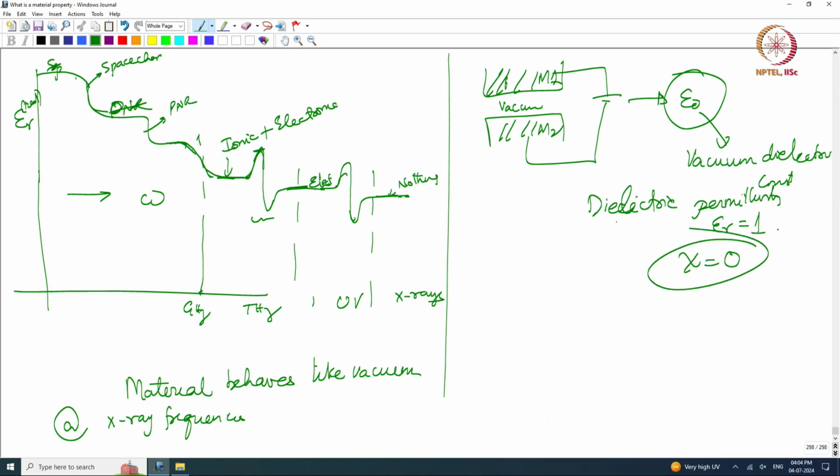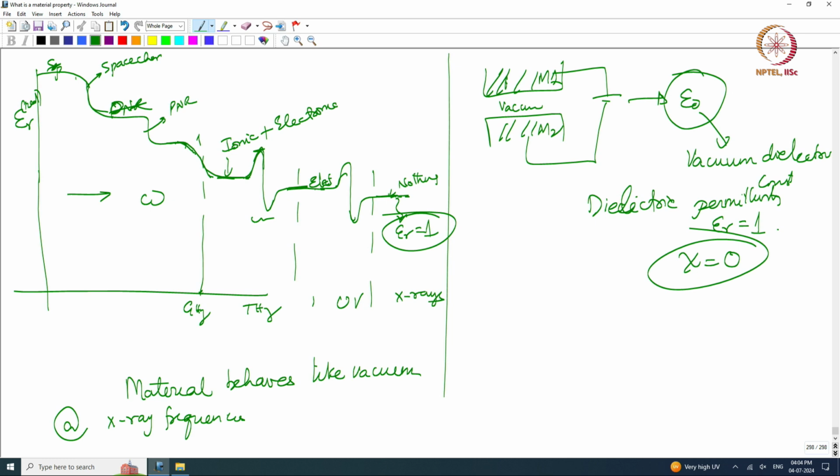So vacuum is not susceptible to any sort of polarization, vacuum is the hardest dielectric material ever. So at X-ray frequencies my epsilon r actually goes to 1, or it is actually slightly less than 1, not exactly 1, because of the caveat that I shared with you just now, which is that the X-ray wavelengths are comparable to the atomic sizes.